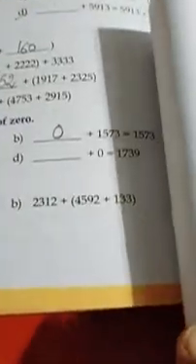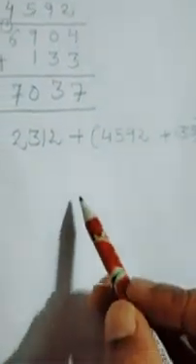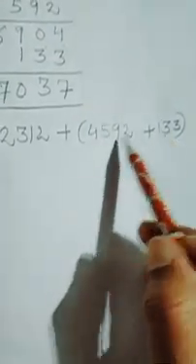Now B is there. What is B part? 2312 plus 4592 plus 133. Now the bracket is here, two numbers are in this bracket, so we will add these two numbers firstly.